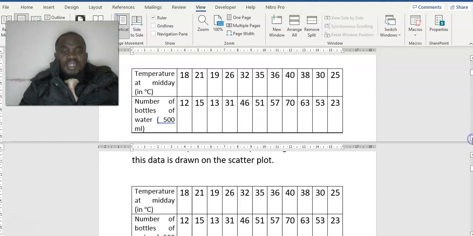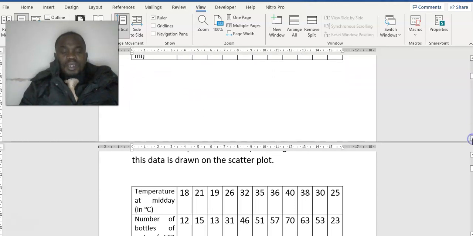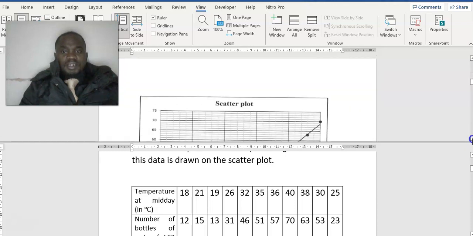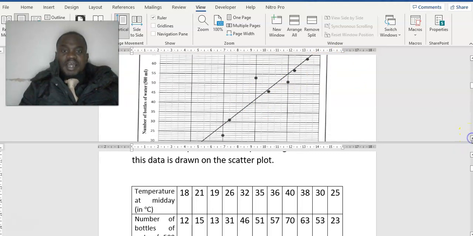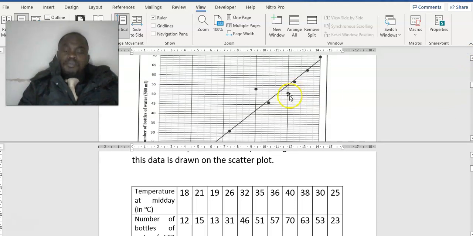So this is the data, and this is the scatter plot. You see that this plot, it doesn't show whether it's linear, it doesn't show whether it's quadratic or exponential. The points are scattered everywhere.